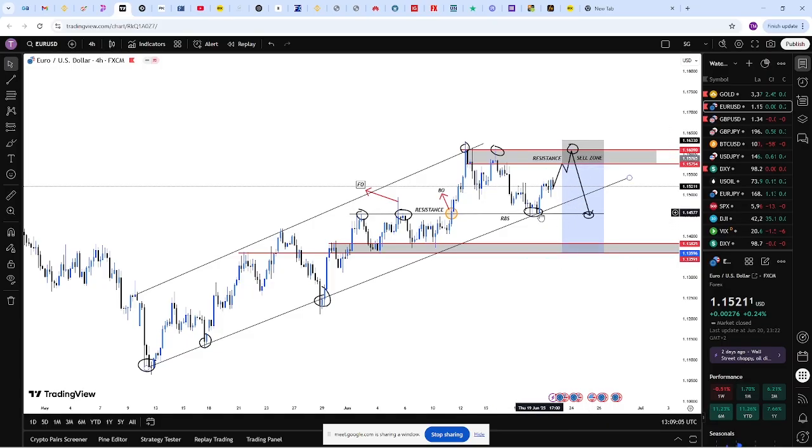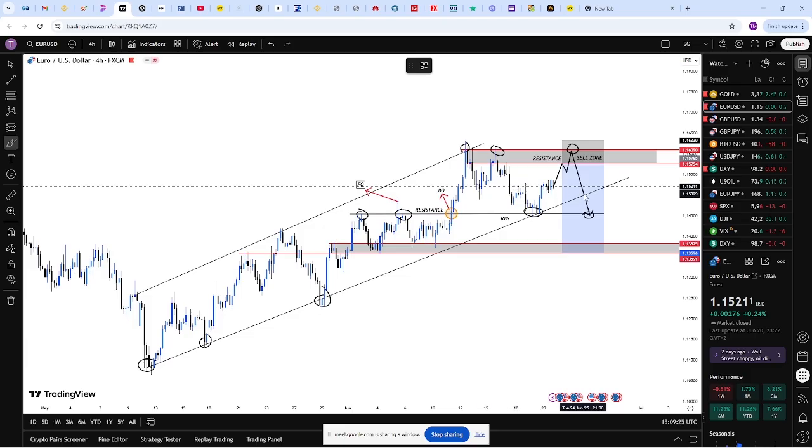If you want to buy anything, you may consider buying from a support, which is this place, RBS. You may consider buying from here. But even if you want to buy from here, bear in mind that there has been a breakout. Do you understand?